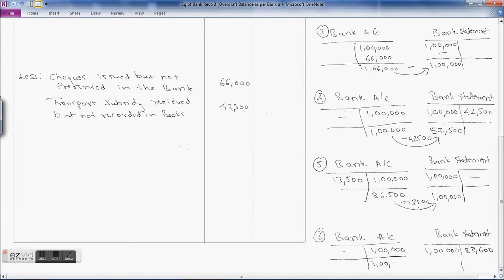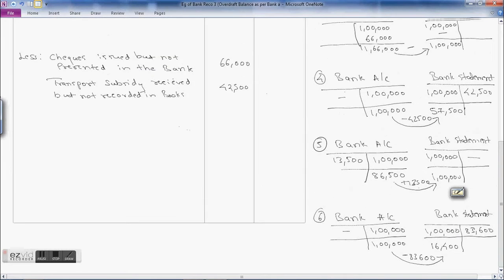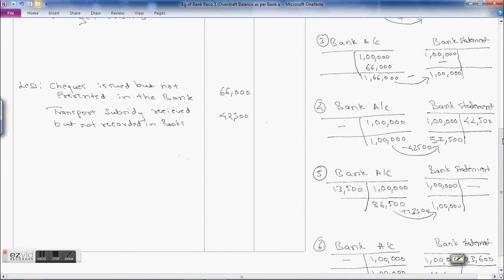So the net impact here is 1 lakh, whereas your bank statement will show an overdraft balance of 1 lakh minus 83,600. So that comes to 16,400. So we are going from bank account to bank statement, so we have to reduce 83,600.